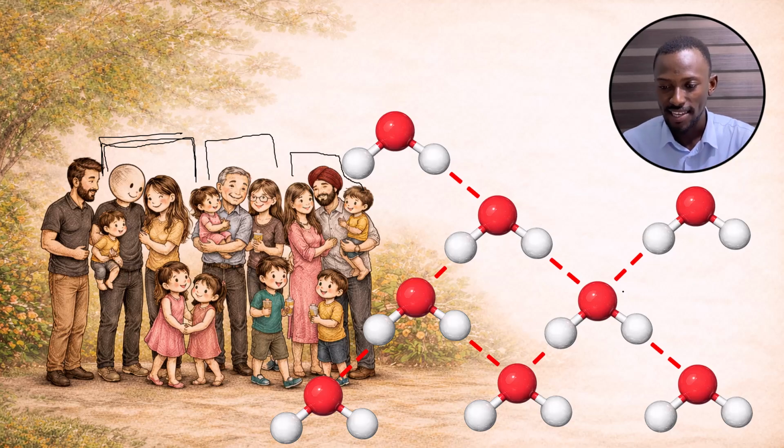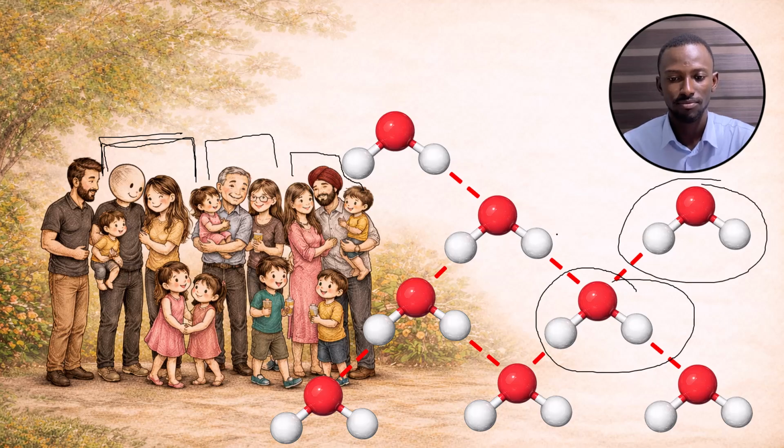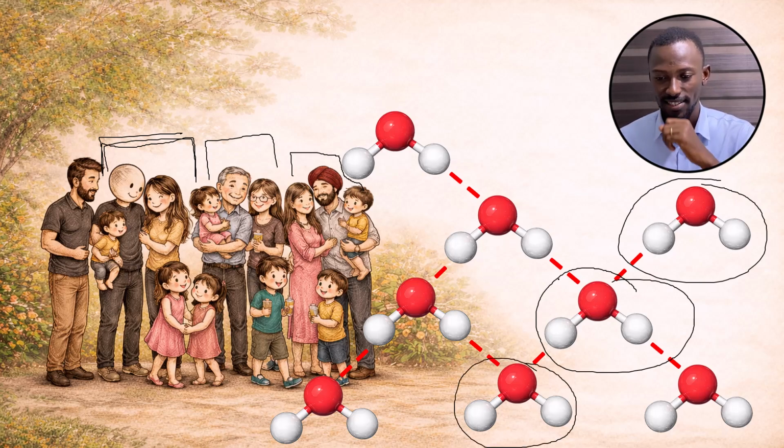So if you check here, we have one water molecule, another water molecule. Good. Then we have the third water molecule. But the good news is this. Between each water molecule, there is a bond.